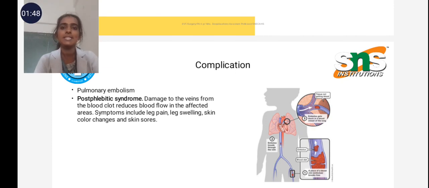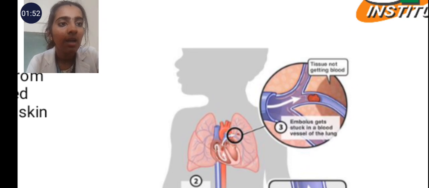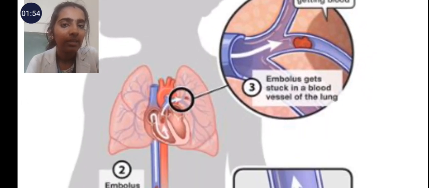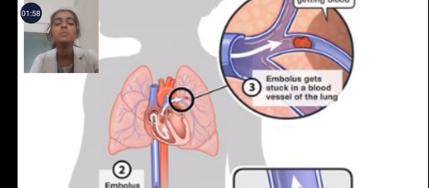The complications of deep vein thrombosis include pulmonary embolism. Because of the calf muscle pressure, the thrombus breaks down and turns into emboli. It can go throughout the circulation of blood, reach the lung, and cause obstruction.